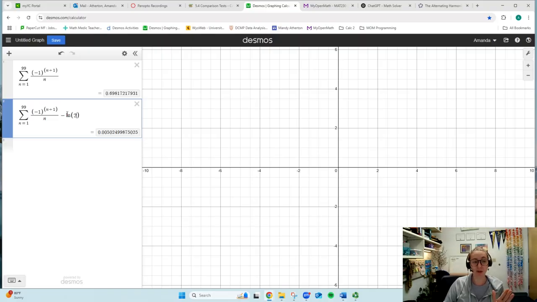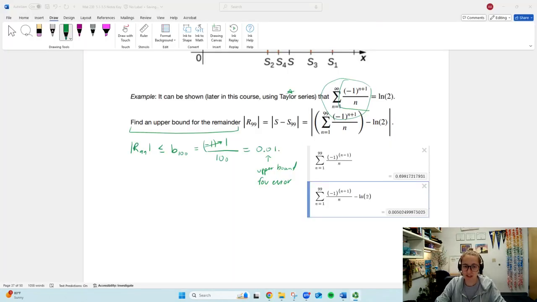This is our actual error, and that is smaller than the upper bound that we found. We found 0.01, and this is smaller than that, but it's still a bound that we can have for the value that we came up with for the actual error.